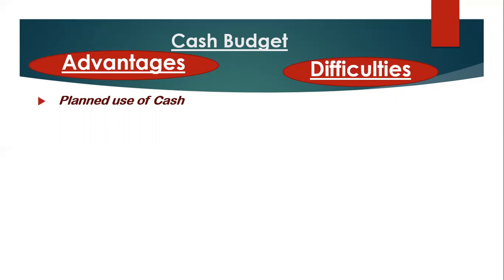So in whichever month we are having the excess cash, we can plan to utilize that cash. So this is called planned use of cash.